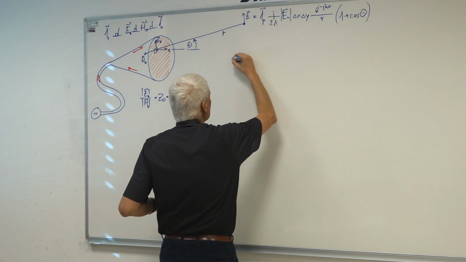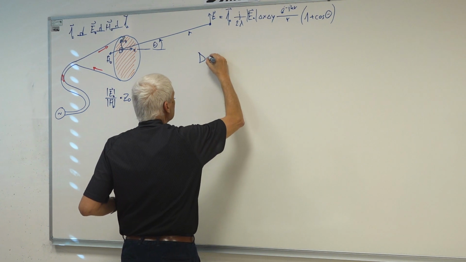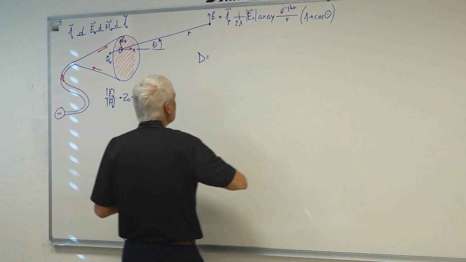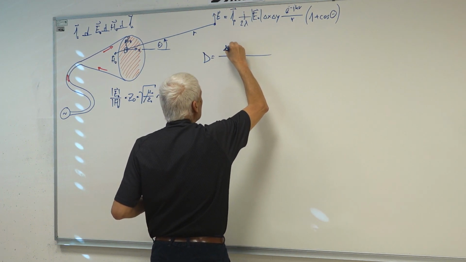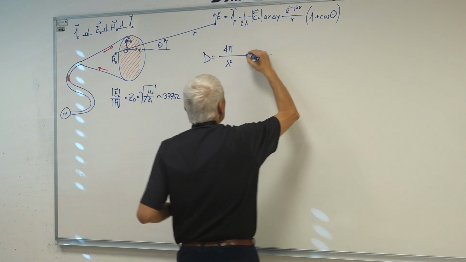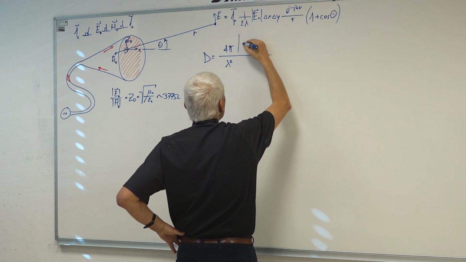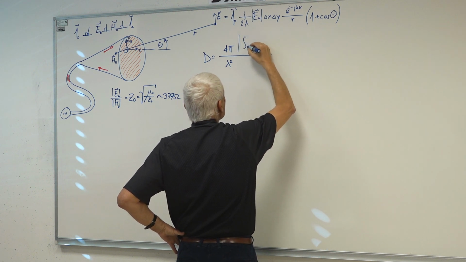If we calculate now the directivity in the direction 1z, we found out this for the directivity: 4 pi over lambda squared. In the numerator we had the maximum field squared.